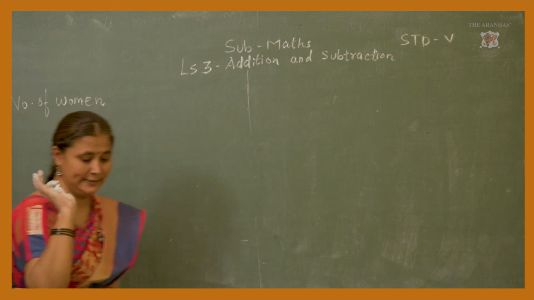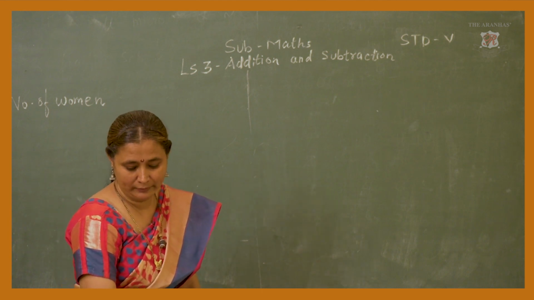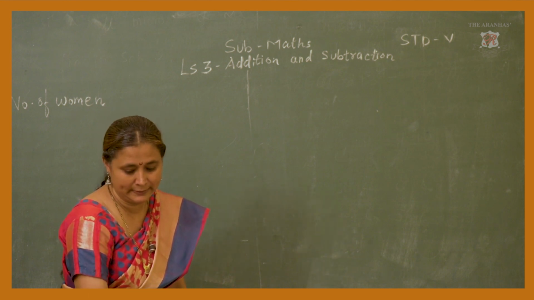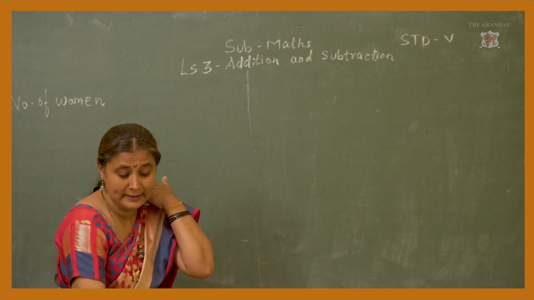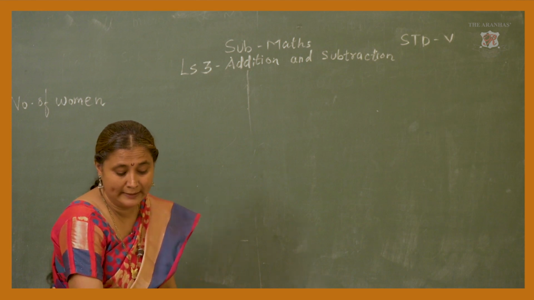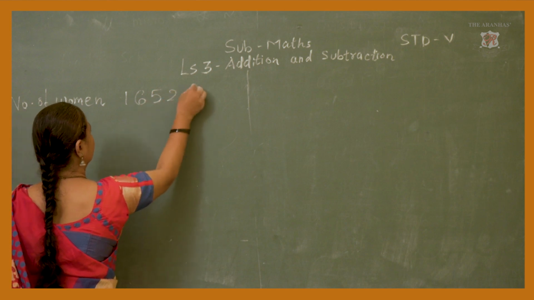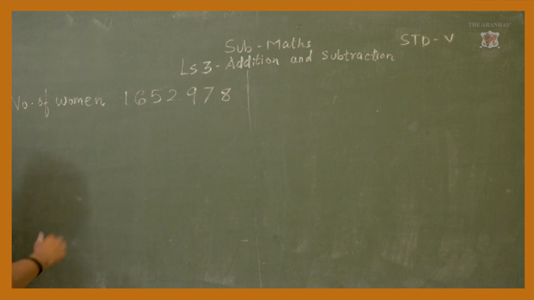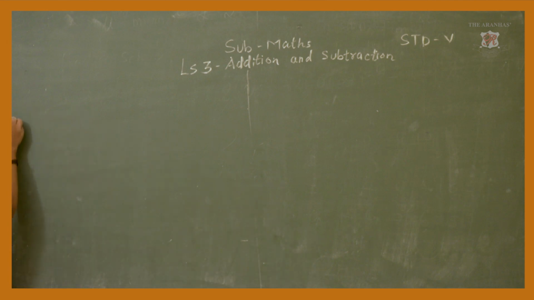Again see the digits, both are the same. For men, 1 2 3 4 5 6 7 digits, for women again 7 digits, isn't it? So the number of women is 16,52,978. Then I will take it a little bit down, so it is very easy for us to write and to borrow the numbers.